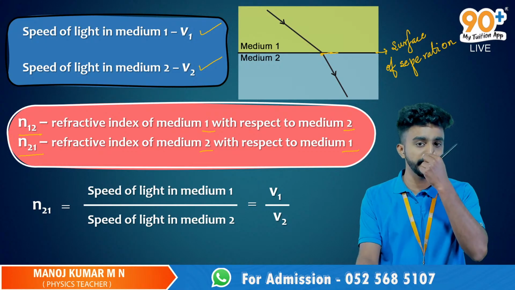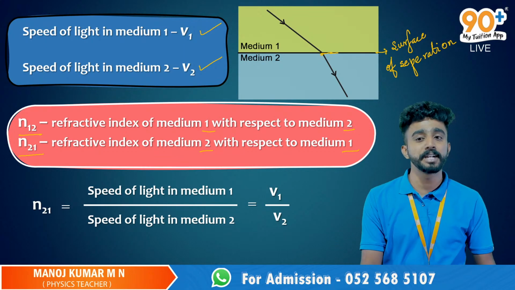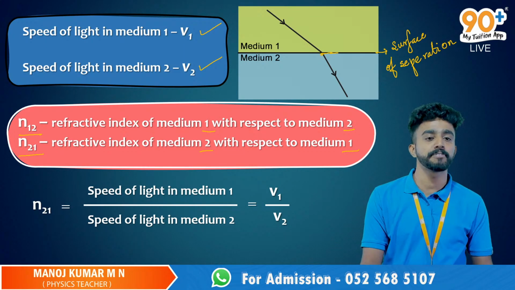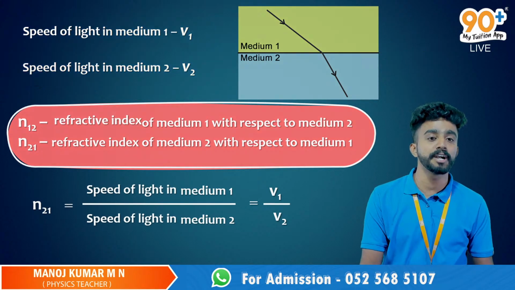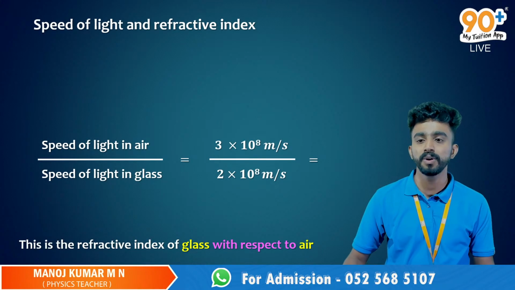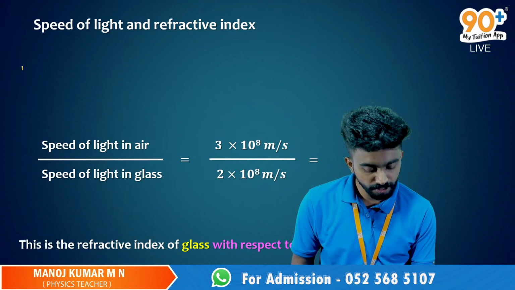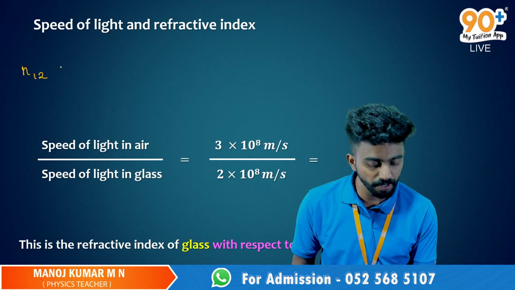Yes, you are supposed to write N12 also. If N21 is speed of light in medium 1 divided by speed of light in medium 2, that is V1 by V2, what will be N12? So you guys wrote N21, right?